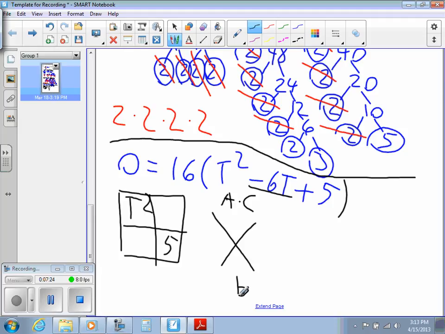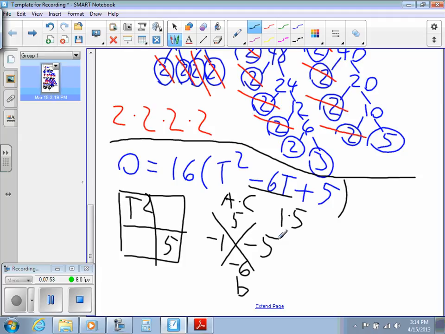So let's see here. A is 1, C is 5, so on top I have a 5. On the bottom I have negative 6. All of the possible sets of factors of 5, that's 1 and 5, and that's it. 1 times 5. To give me negative 6, and if this is positive 5, they have to have the same sign. So a negative 1 and a negative 5.